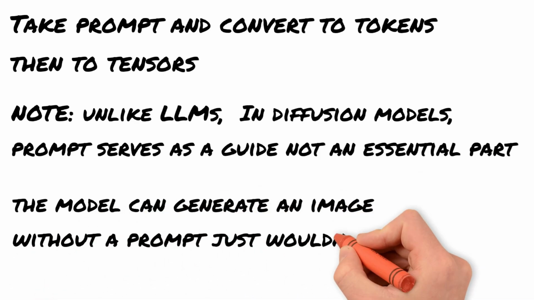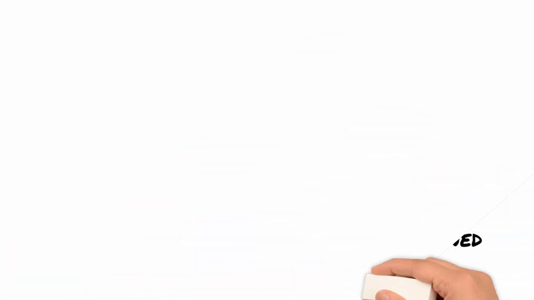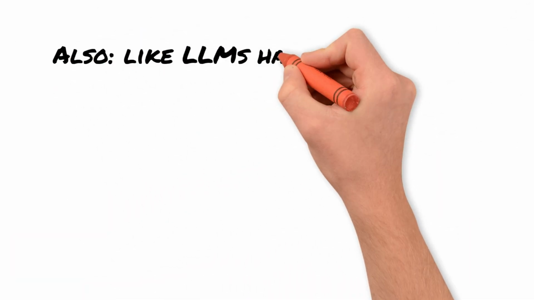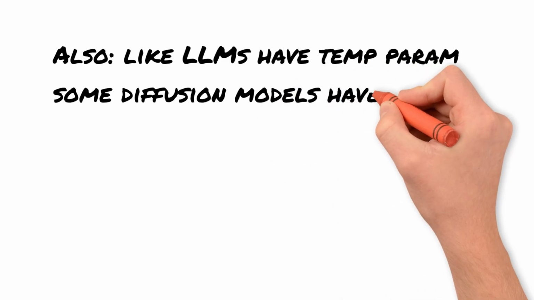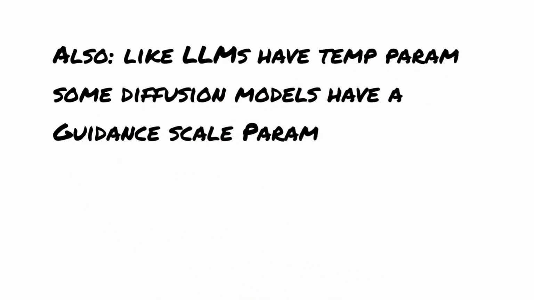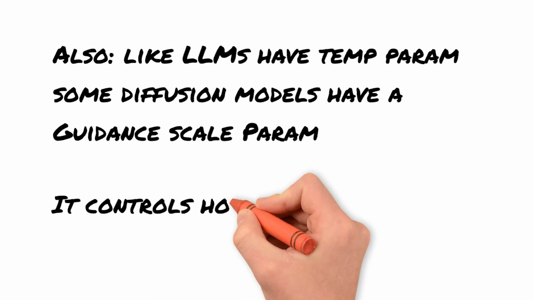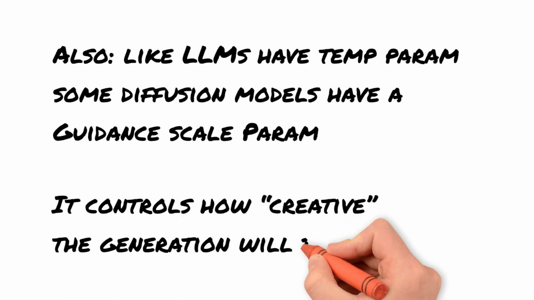It just won't be aligned to any specific instruction. Also, like LLMs have a temperature parameter, some diffusion models have a guidance scale parameter. It controls how creative the generation will be, or said another way, how strictly the prompt will guide generation.